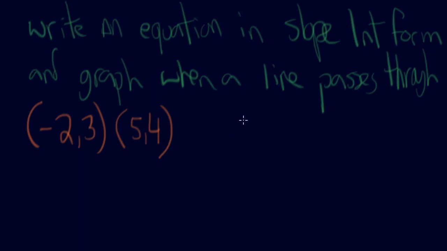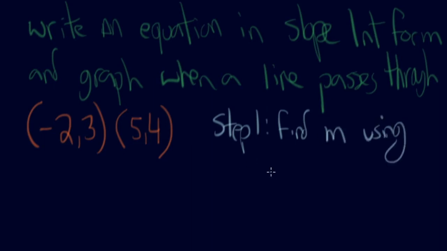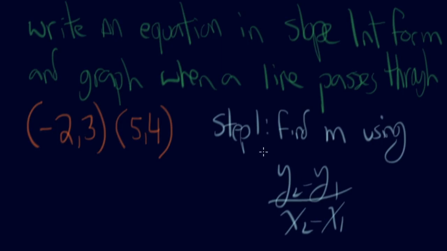I'm glad you asked. Step 1 is find m using the formula you already know. So find m doing y2 minus y1 over x2 minus x1, right? That's step 1. Remember, that's x1, this is y1, this is going to be x2 and y2, and you're going to go and do a bunch of math.